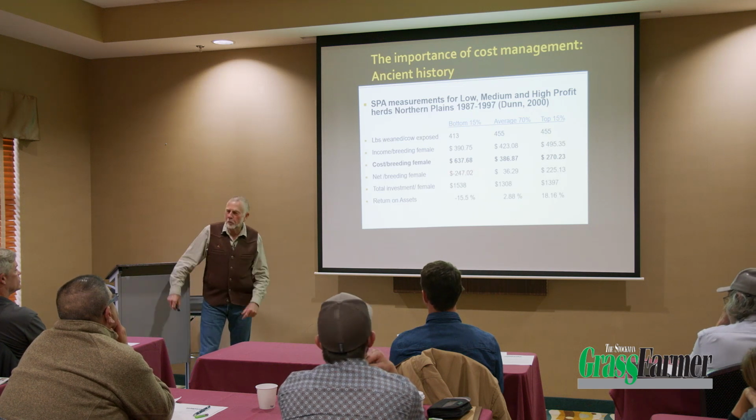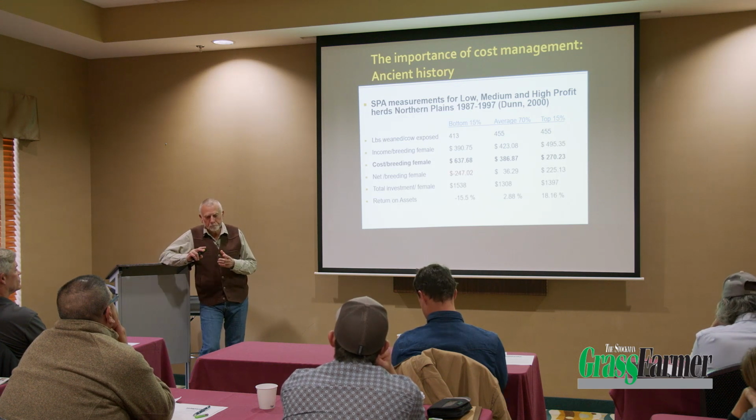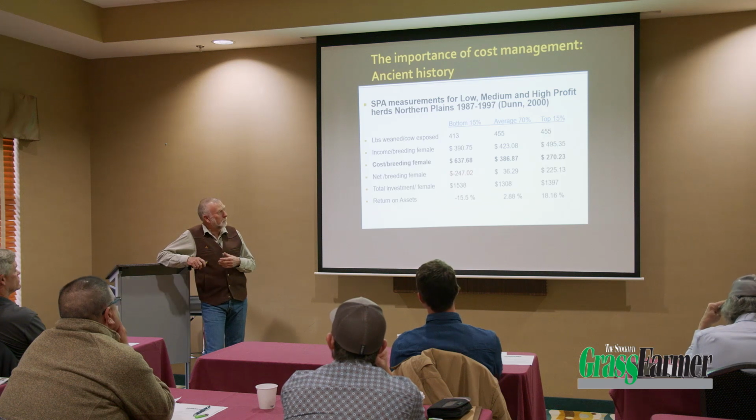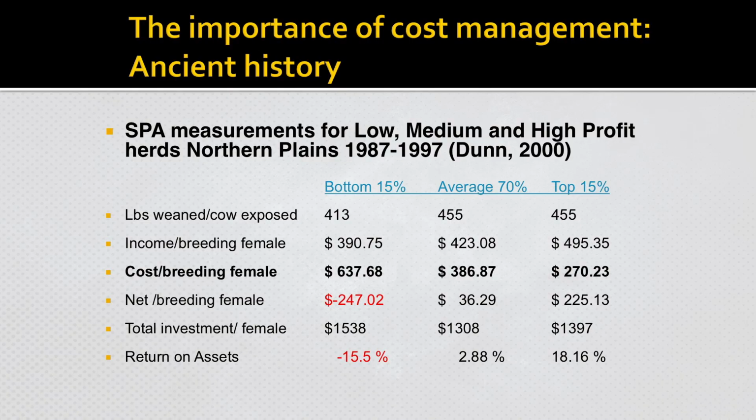I don't know. Okay, so let me get back on track. I use this one because it's the last running of the cattle cycle. It does illustrate a very important concept. When we look at this bottom line of return on assets, this is not the worst year or the best year of the cattle cycle.